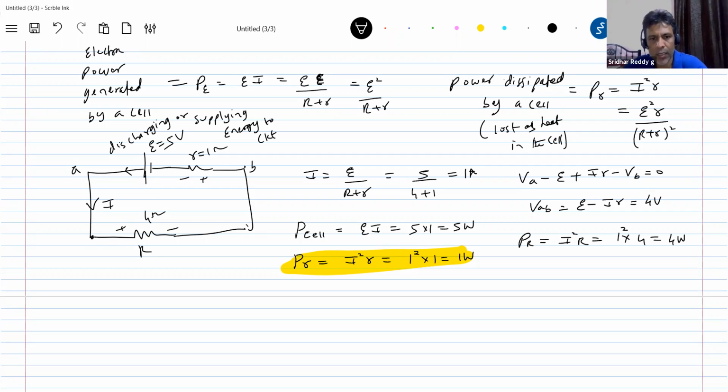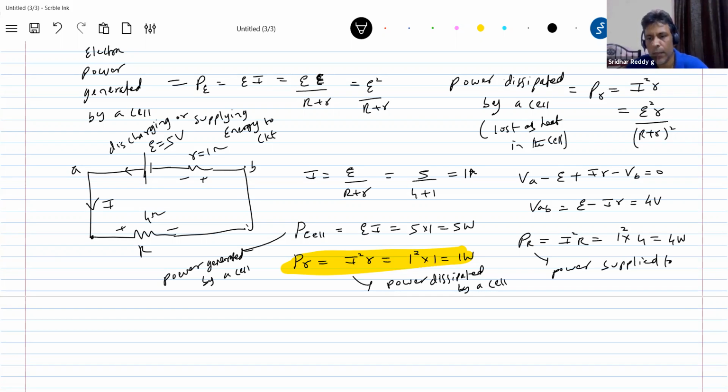So this is the power generated by the cell. This is the power dissipated by the cell. Dissipated means it's over, permanently lost. And this is the power supplied to the external circuit. When it's discharging, it is supplying energy to the circuit.